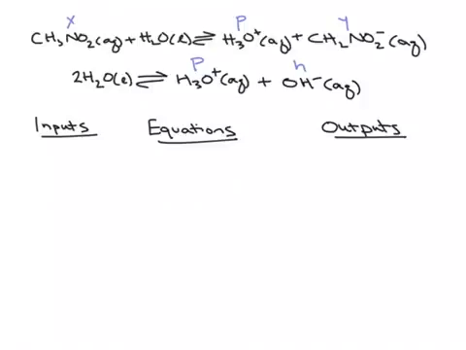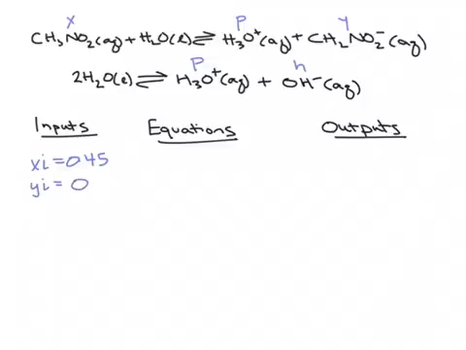The problem tells us that the initial concentration of our nitromethane is 0.45. And we can assume that the initial concentration of Y is 0.